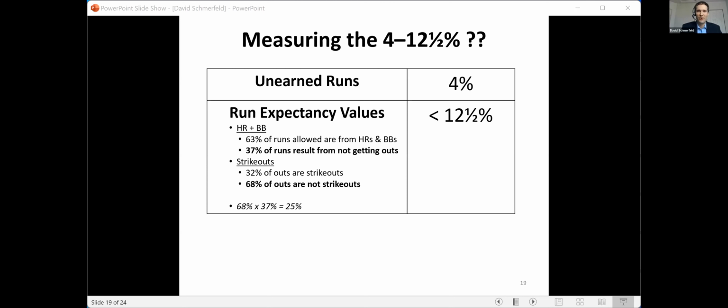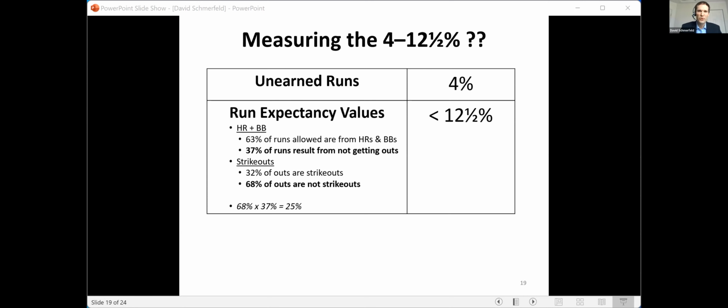To get the number, get rid of the run values of all the events that aren't balls in play. These are home runs and walks. So after you add up all the run values of all the home runs plus all the run values of all the walks, there's 37% run value left. So 37% of runs are due to not converting outs. Now, of all outs, 68% of those come from balls hit in play. These are outs that are not strikeouts. So 68% outs from balls in play times 37%, the run value available for the balls in play, equals 25%.